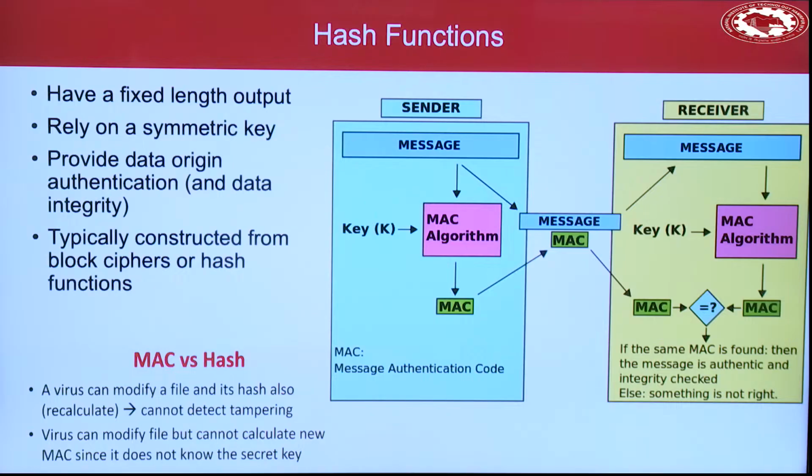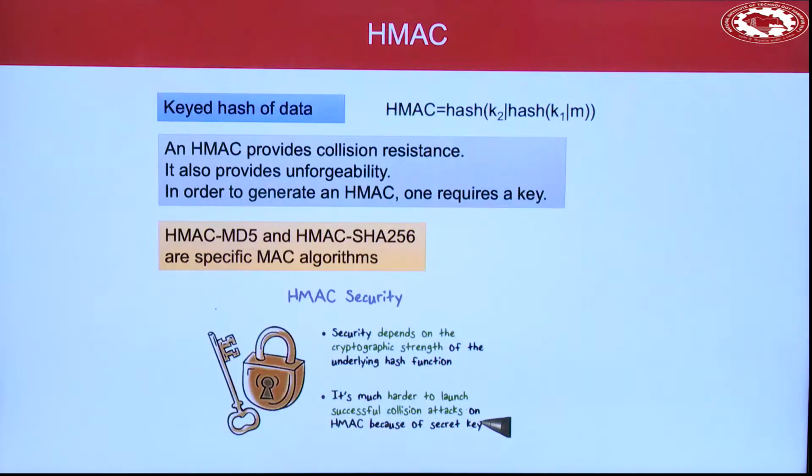Everything is the same, but they are using an additional key with the input. Once the recipient receives the message, it will pass this message to the algorithm, apply the key, get the code, and compare the code that it generates with the code that it received. If the code matches, all good. If not, it means the data has been tampered.